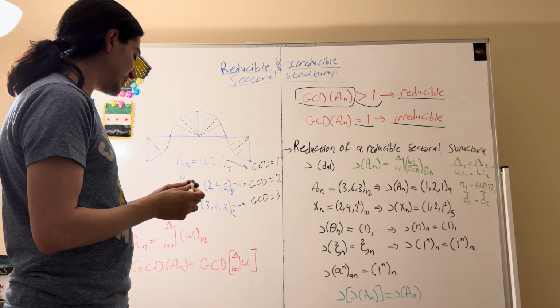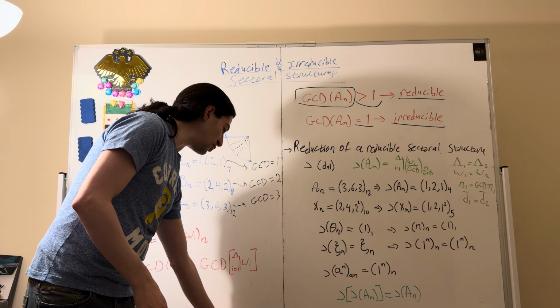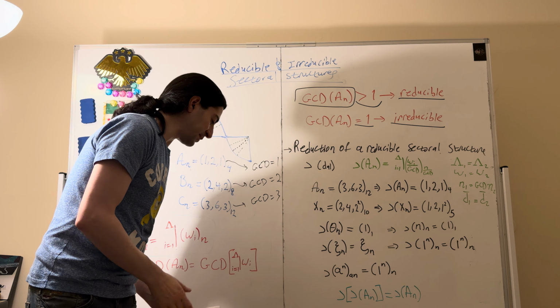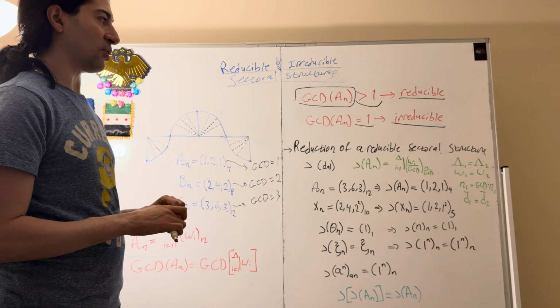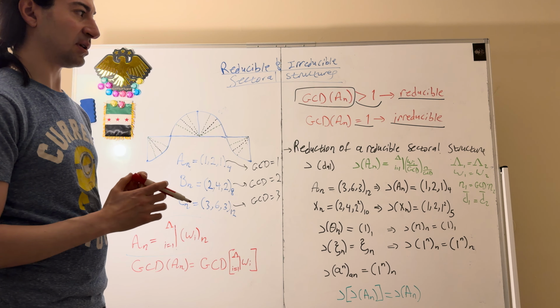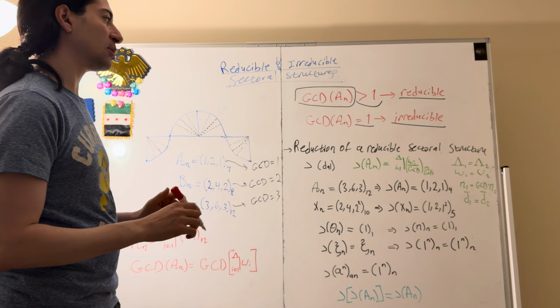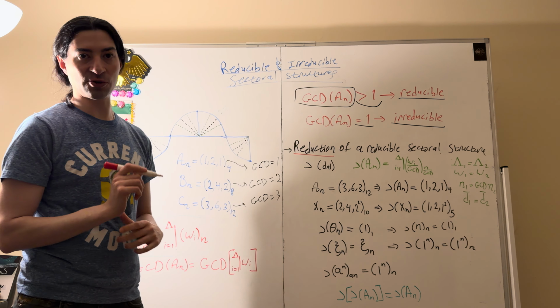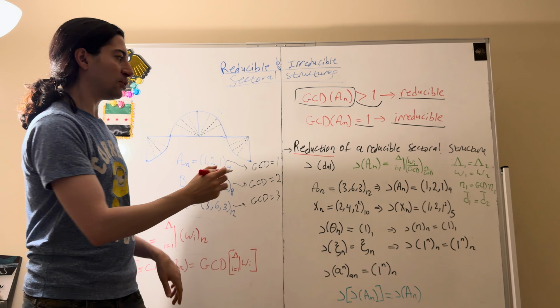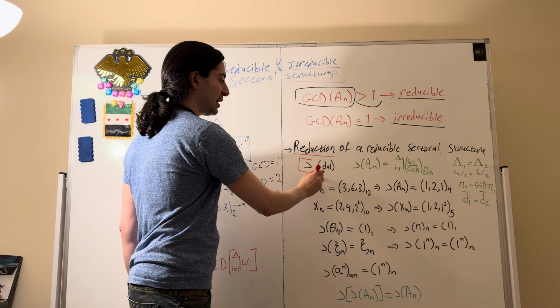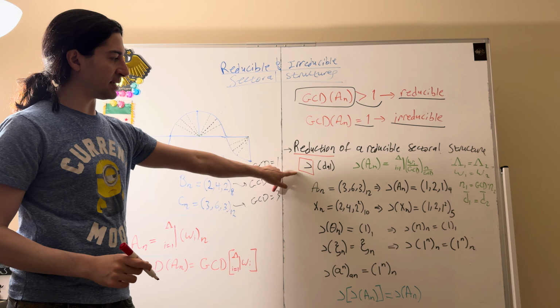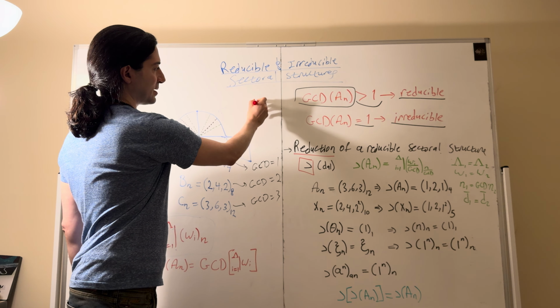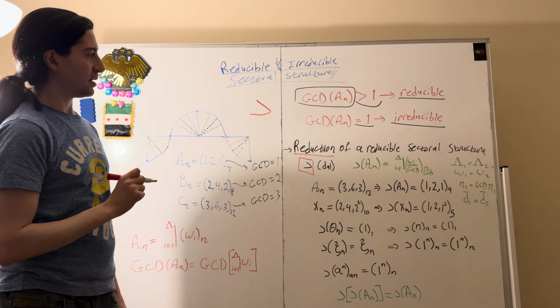Next we will define a new operation or function on sectoral structures, which we will call the reduction of a sectoral structure. We will use the Arabic letter dal, which looks like this.